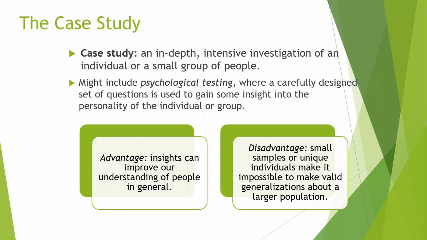However, as the advantage says, it can give you some insight that can improve your understanding of people in general. However, you should not take your very small sample and say that it's the way that the overall population is going to behave.